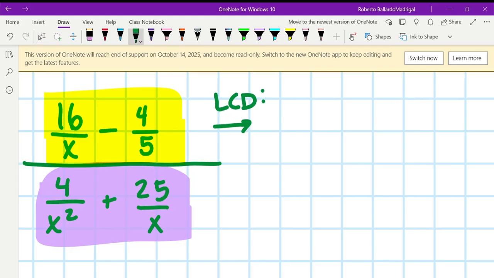What is the LCD of x and 5? Just x? What is the LCD that I can make? I'm not asking for the factor. I'm asking what LCD I can make between 5 and x. 5x. So the LCD is going to be 5x.